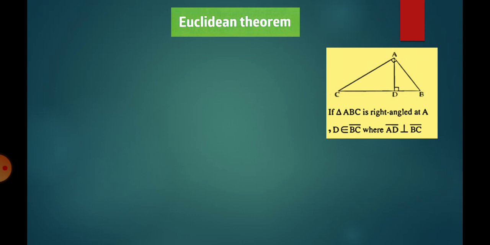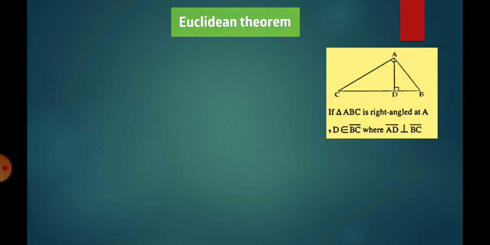Here, in Euclidean, in a right angle triangle, we draw the perpendicular from the right angle to the hypotenuse. If we want to find the square drawn on any side of the right angle, on AC or AB, we know area of square equals side squared, and area of rectangle equals length by width.